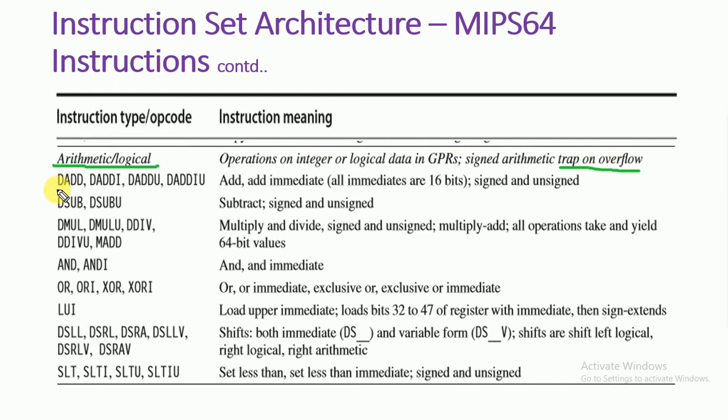Some examples: DADD is an add operation. In MIPS 32-bit we use simple ADD, but in MIPS 64 we use DADD. That is the format they use. So DADD is a simple add operation. Then DADDI is for adding an immediate value, with immediate data.